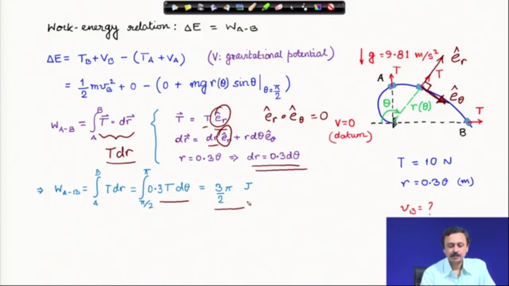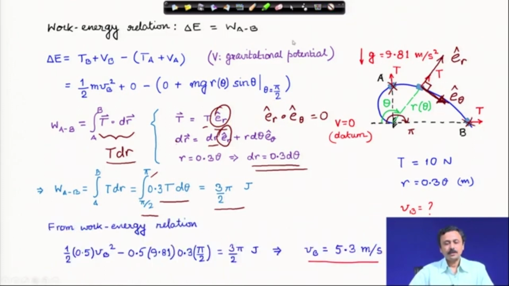Therefore, by taking this integral, and this theta starts from A position, which is at theta equal to pi by 2, to theta equal to pi, when the collar reaches position B. Now, it is straightforward algebra.